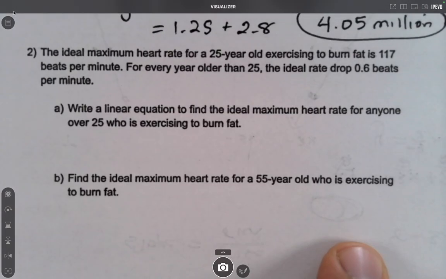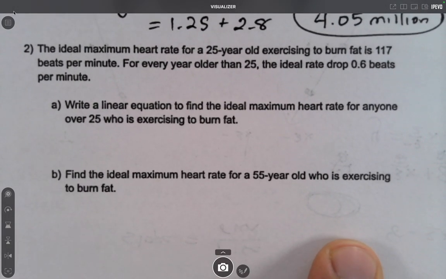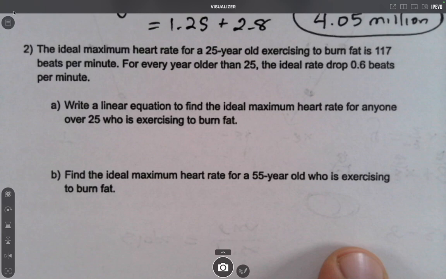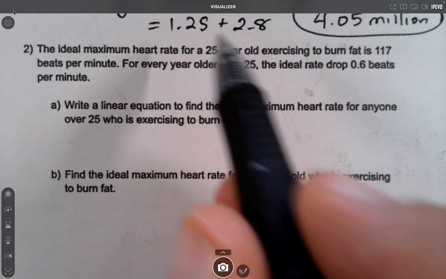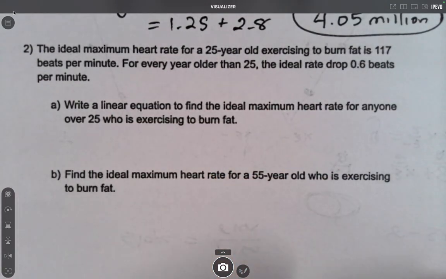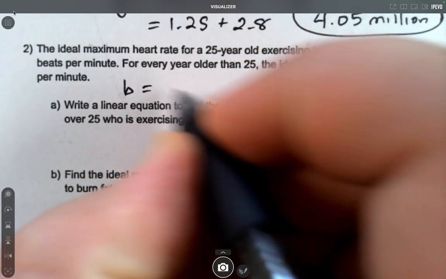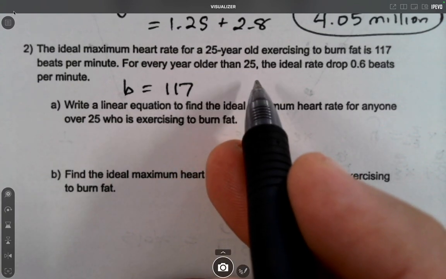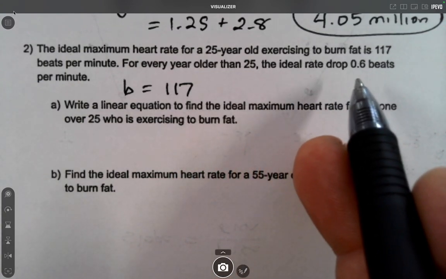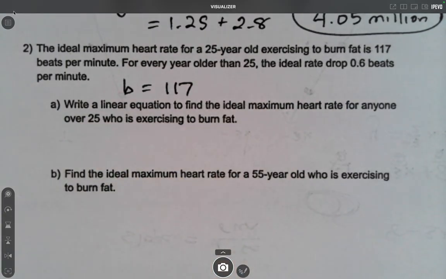Okay, let's look at a similar problem down here. The ideal maximum heart rate for a 25-year-old who's exercising is 117 beats per minute. So that's our initial amount. That's not going to change. For a 25-year-old, this is the goal rate, period. So our b is 117. For every year older than 25, the ideal heart rate drops 0.6 beats per minute.